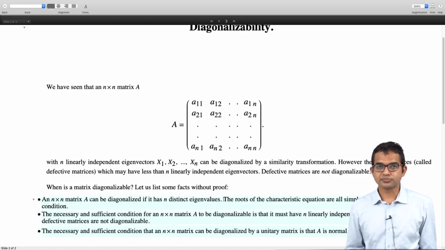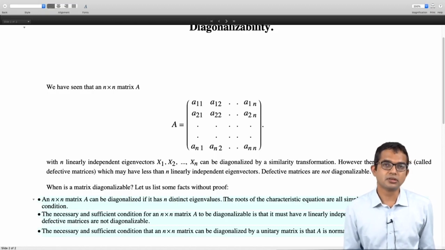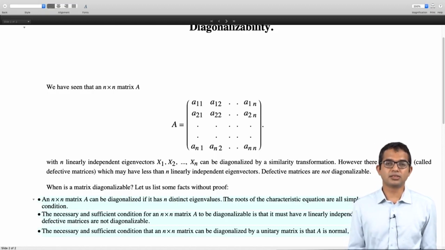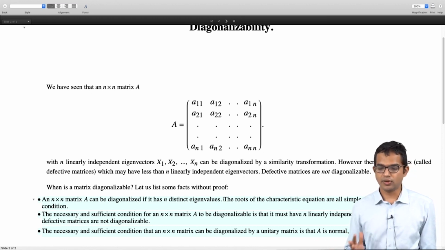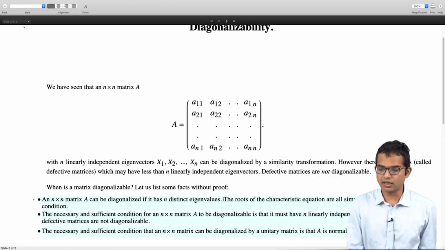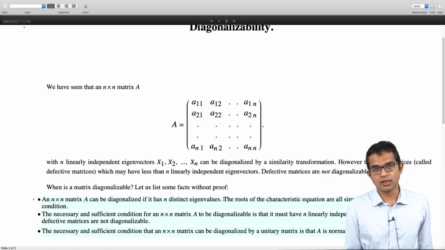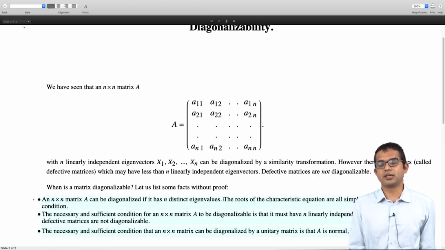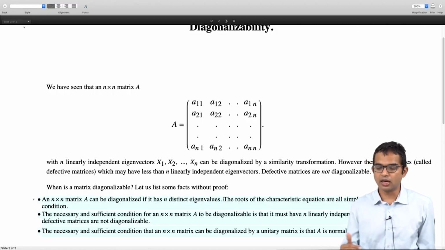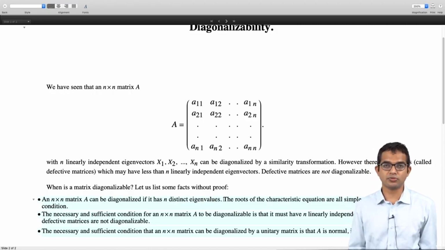Again, the proof of this statement is not necessarily very difficult, but it's somewhat technical, and so we will skip this proof, right? So we will just learn this as a statement. What is a normal matrix? So we already saw, I mean, some of the arguments which would go into the proof.